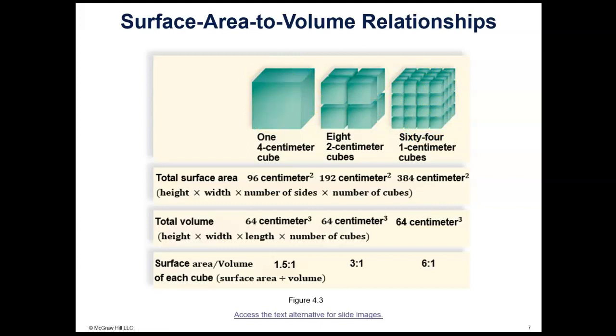The cube on the left is a 4 centimeter cube, so the surface area of one side is going to be 4 times 4, because it's length times width, or 16. And then we have to remember there are 6 sides, so 16 times 6.